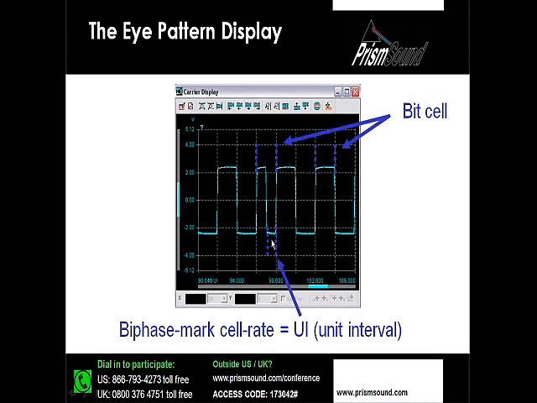So you get an idea of the type of scope that you need to present this kind of information. And then, of course, we also want to look at the carrier amplitude, because this is important to know what the degrading is that's going on due to DC resistance of the cable, the insertion loss.